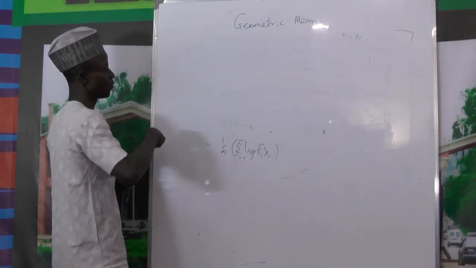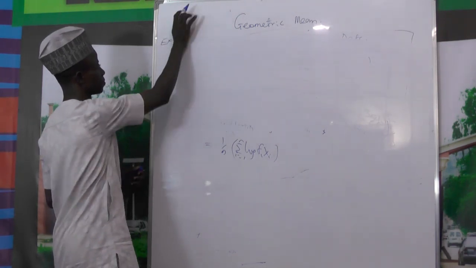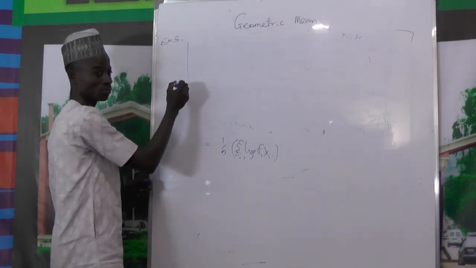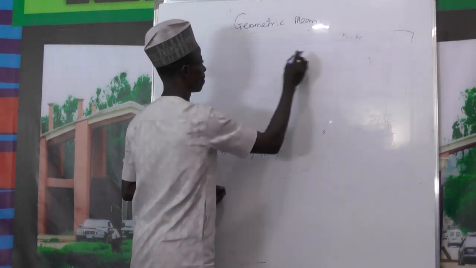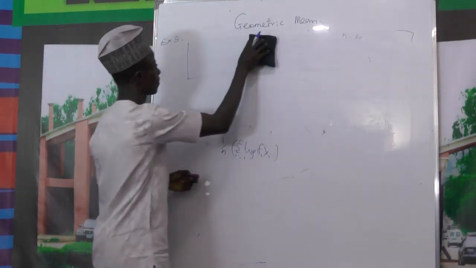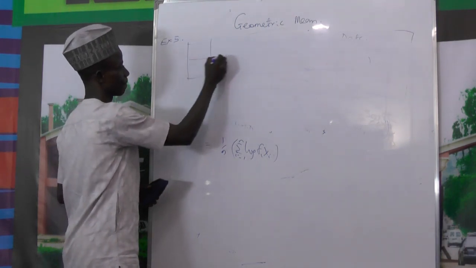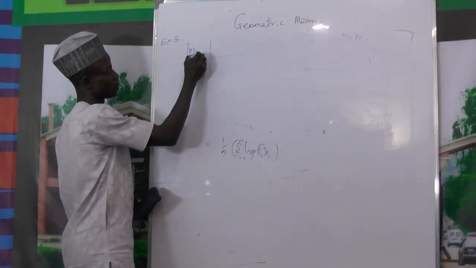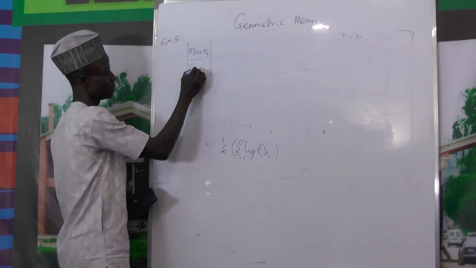That is example 5. So we are having marks obtained by students. Then we are having frequency.